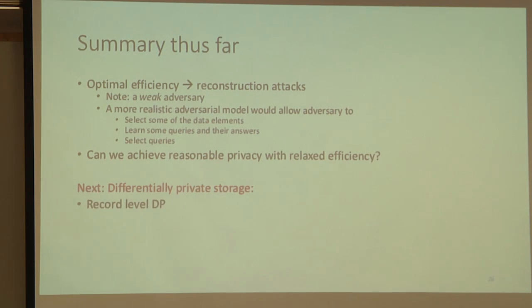What we want to do is use the notion of differential privacy in this case. So we want to apply differential privacy when storing records. If we can achieve that, then we can assume a very strong adversary who can control the data, and can also know exactly the query range, issue the queries, and know the answers.